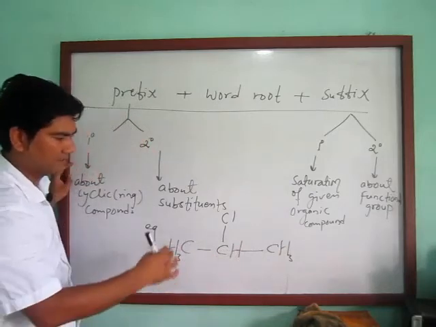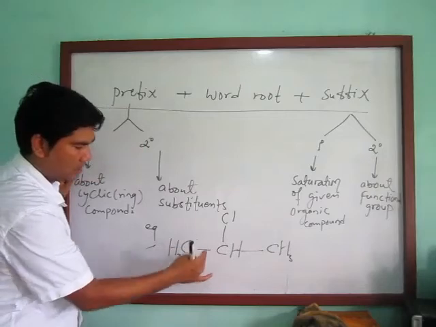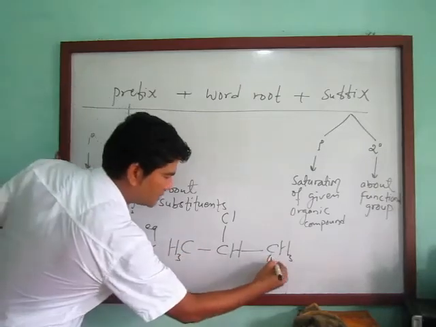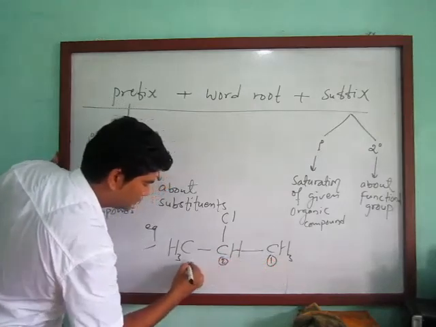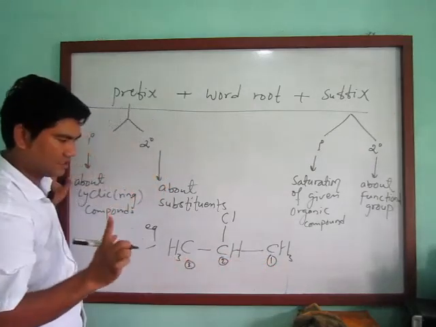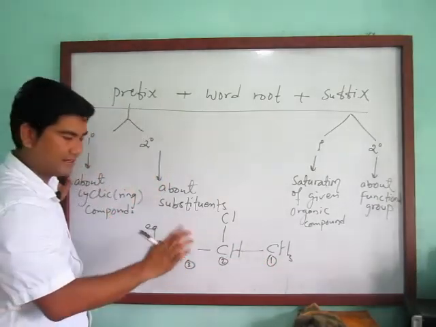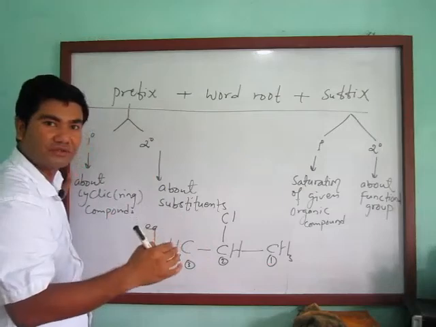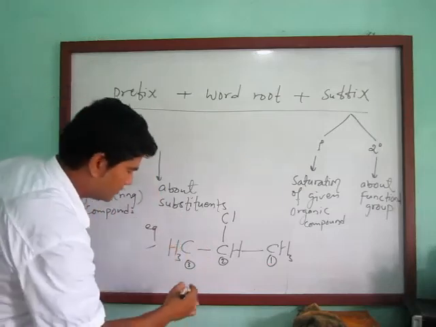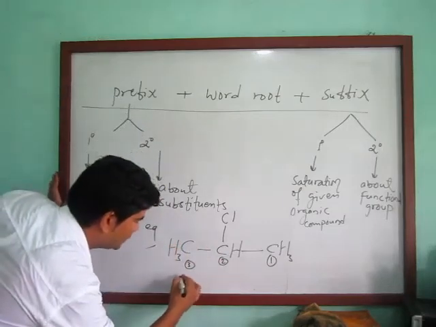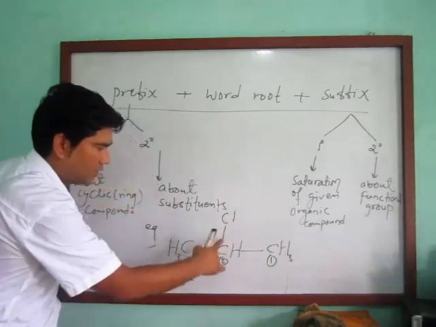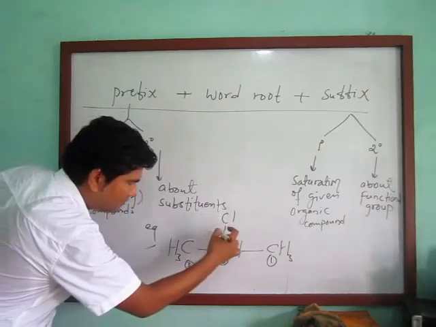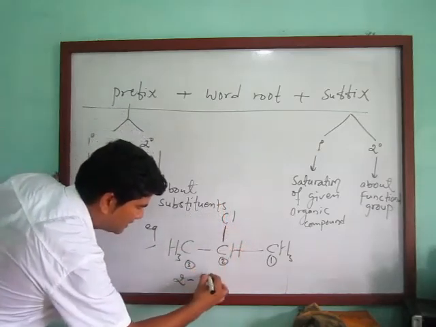So how do we give a name to this compound using the IUPAC system? First of all, we should give the numbers like this, 1, 2, 3. There is a system to give the name. We will discuss the naming rules in another video. So we should write number 2 here for the locant of this functional group, and this functional group should be read like this, chloro.